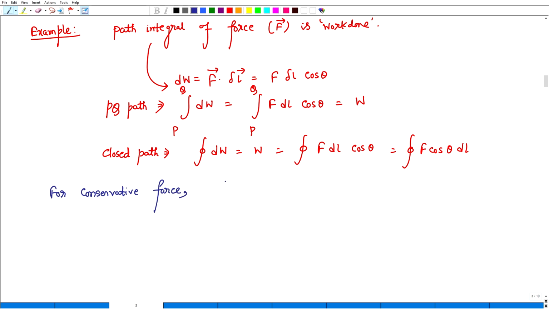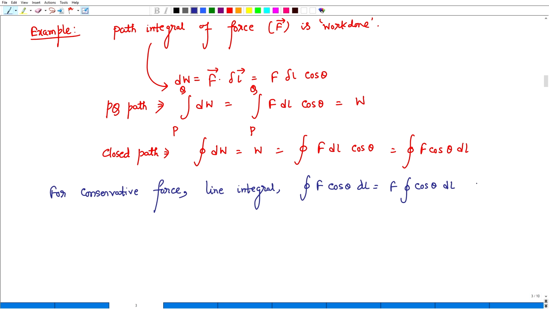So as F is constant, the line integral or the path integral is equal to F cos theta dl.